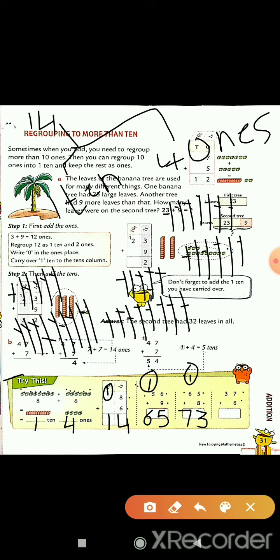We can regroup 13 as 1 ten and 3 ones. So here at the ones place we can write 3 and 1 is carried to the tens column, and 1 plus 3 gives us 4. So our answer is 43. Got it, students?